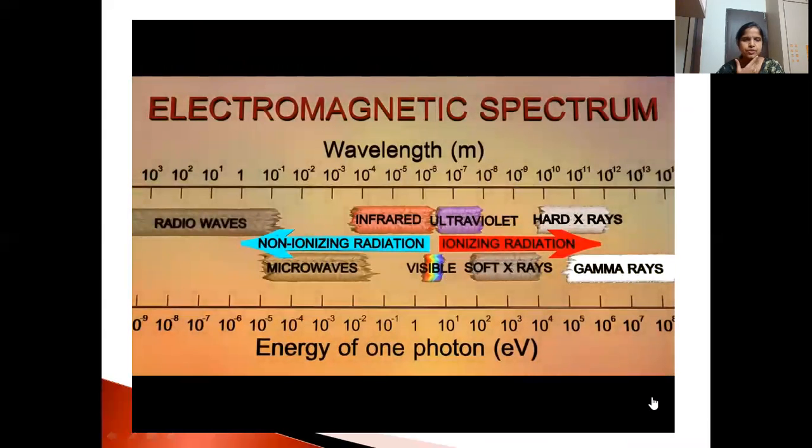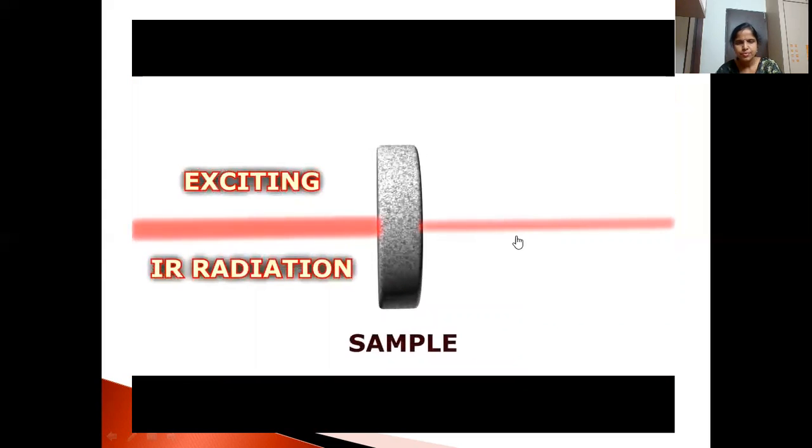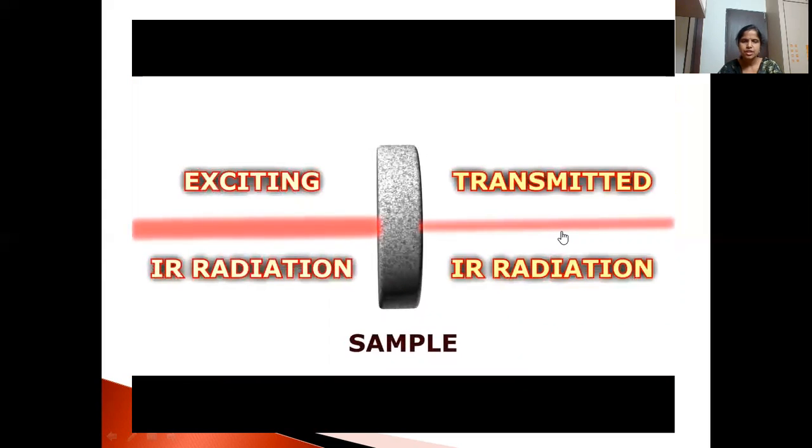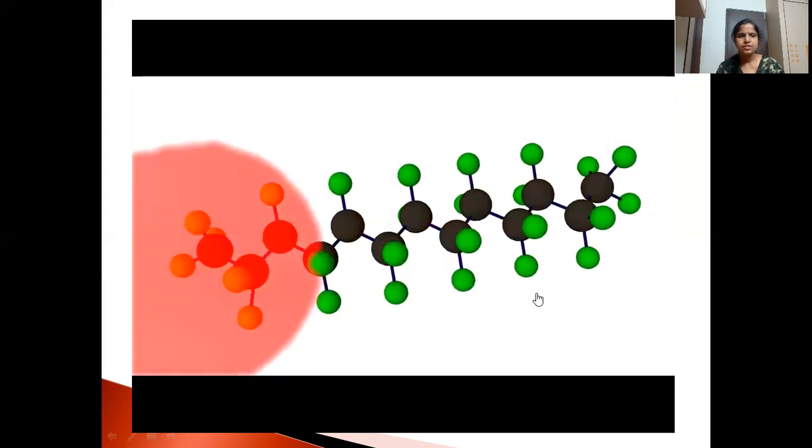Now we'll recall all the points we have studied till now. In IR spectroscopy, the radiation used is IR radiation. When IR radiation passes onto the sample, some of the light is transmitted out, and this transmitted light can also be used for study.